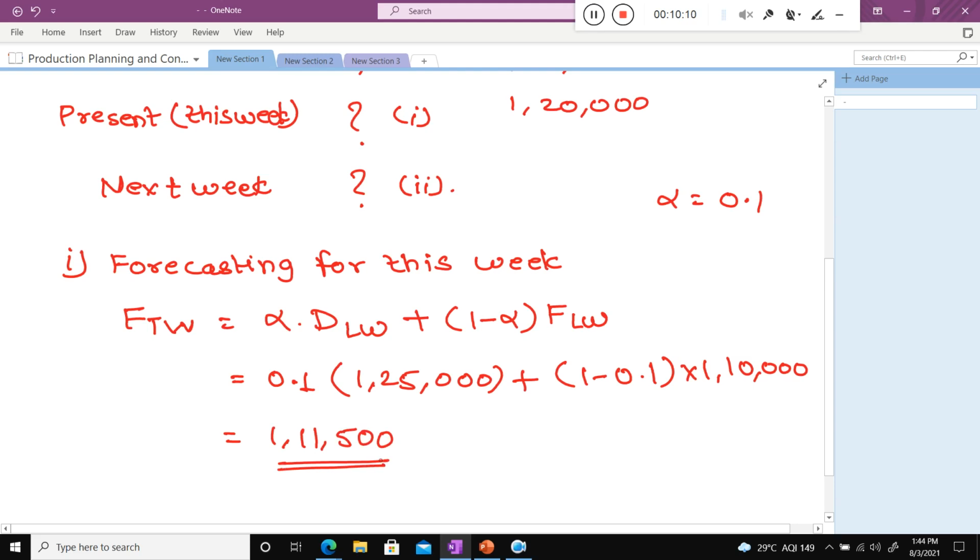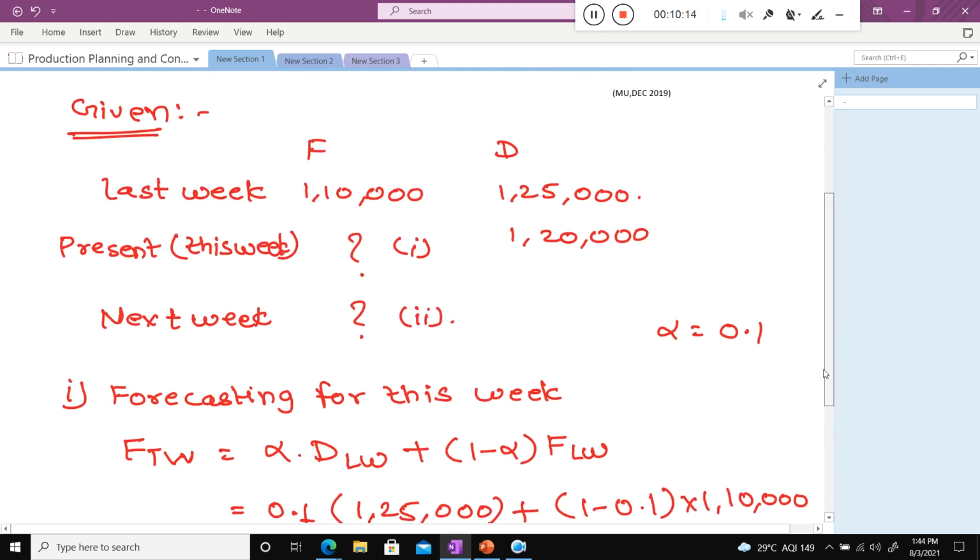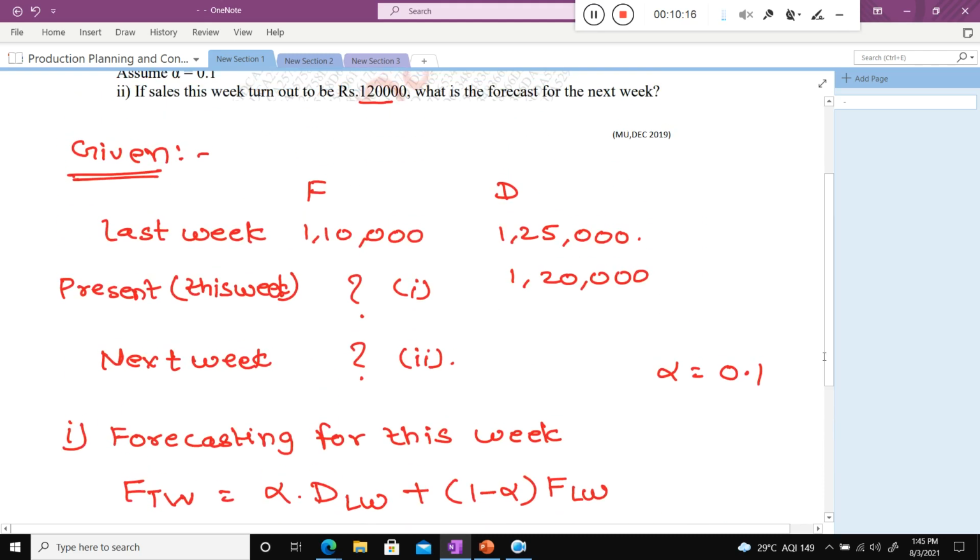Okay, now the next question, sub question 2. It is asking, if the sale of this week is given, what is the forecast for next week?